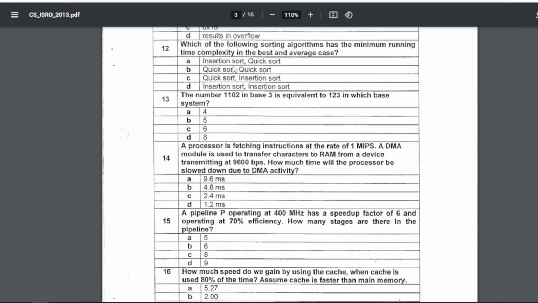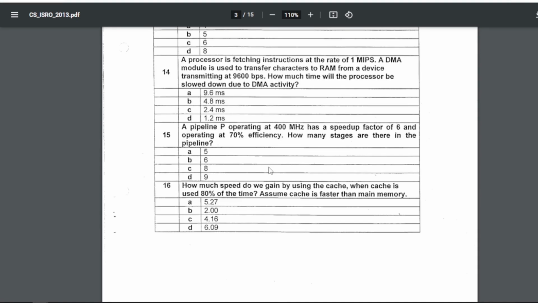So that will be 1 multiplied by 3 into 3 into 3 plus 1 multiplied by 3 into 3 plus 2. Hope you're getting that, and in this way you will get the answer as B, that is option number 5. So the answer will be B, 5.